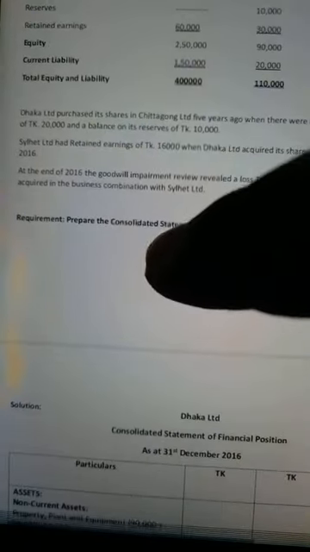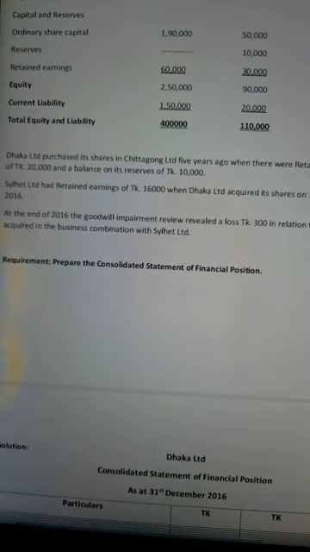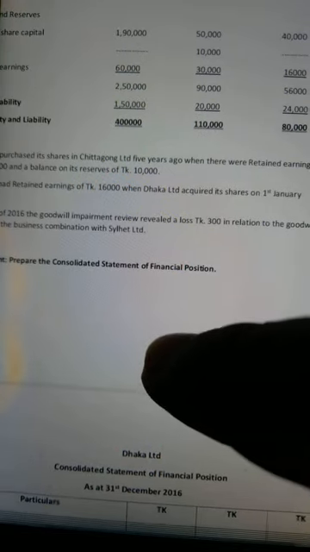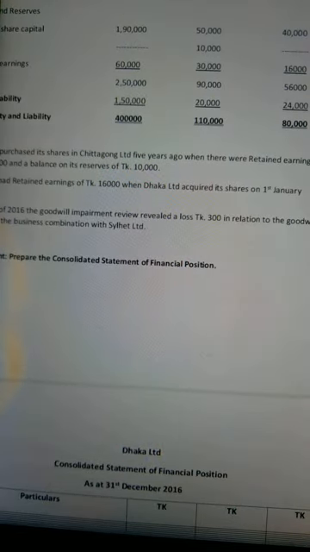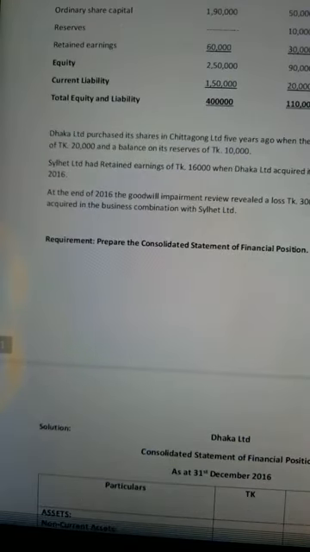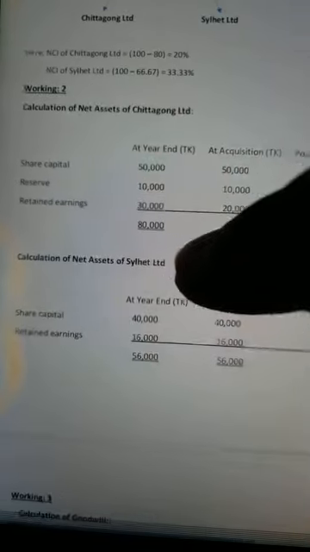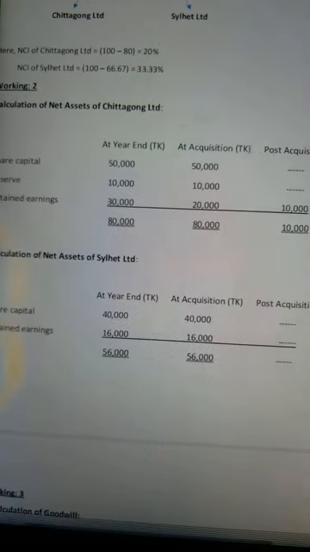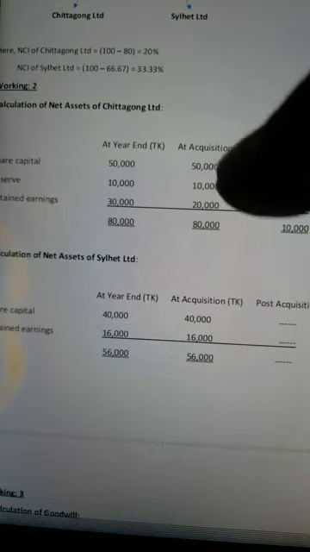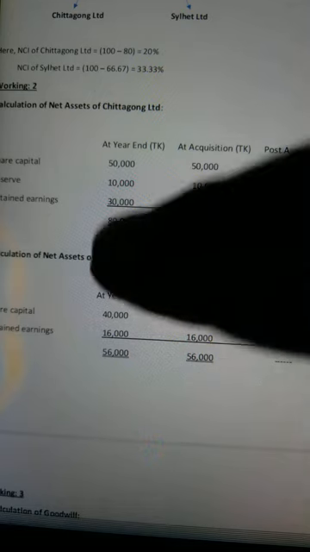The information is also given here: Dhaka Limited purchased its share from Chittagong Limited 5 years ago when there were retained earnings of 20,000, and the balance on its reserve is 10,000. So we have to write the 10,000 reserve, and then it's very simple: 10,000 minus 10,000, post acquisition is 0.